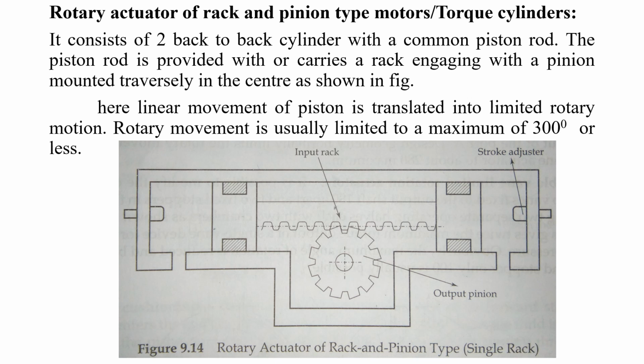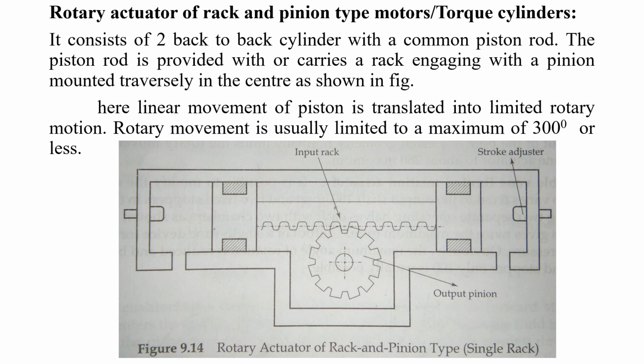As I said, the two pistons are connected with a rack. When you supply compressed air to the left piston, according to the sketch, the piston will try to move towards the right. While moving, the rack which is engaged with the pinion makes the pinion rotate.